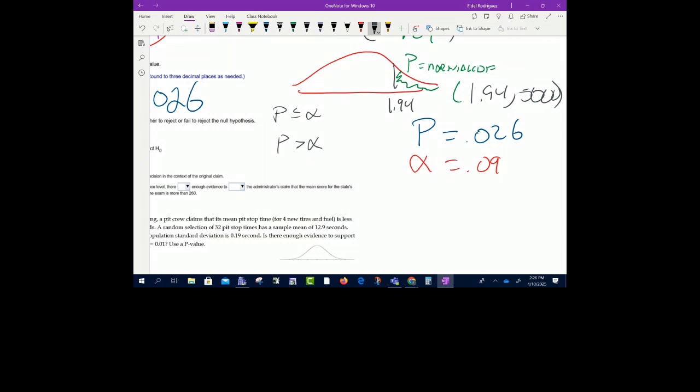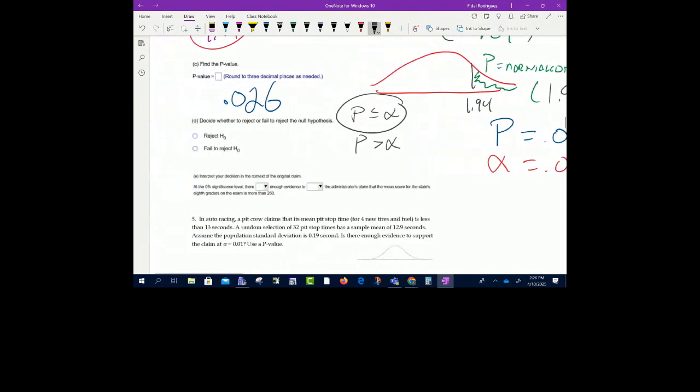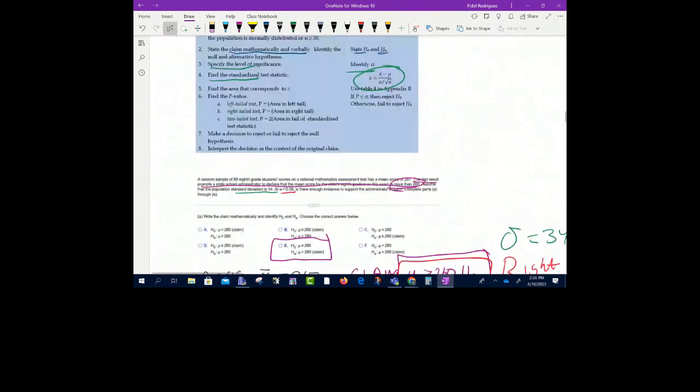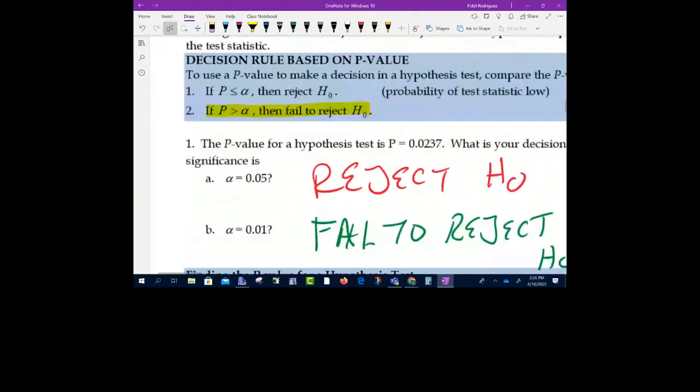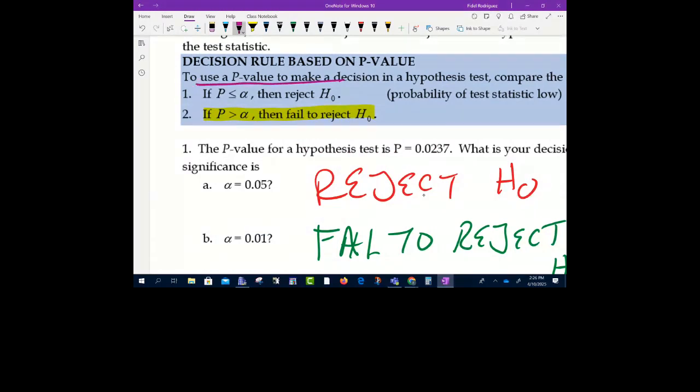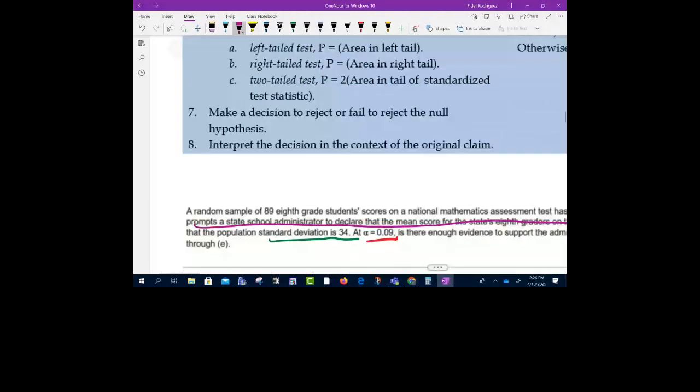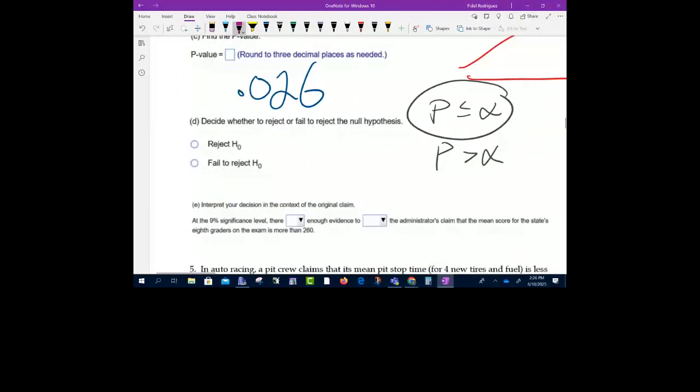What do you guys think? Smaller than, right? So we're going to say P is smaller than alpha. Let me scroll back up here real quick. If P is smaller than alpha, then we're going to do what? We're going to reject it, okay? So let's come back down this way. Sorry, I'm scrolling all over the place. We're going to reject it, right? Okay. So far, so good?